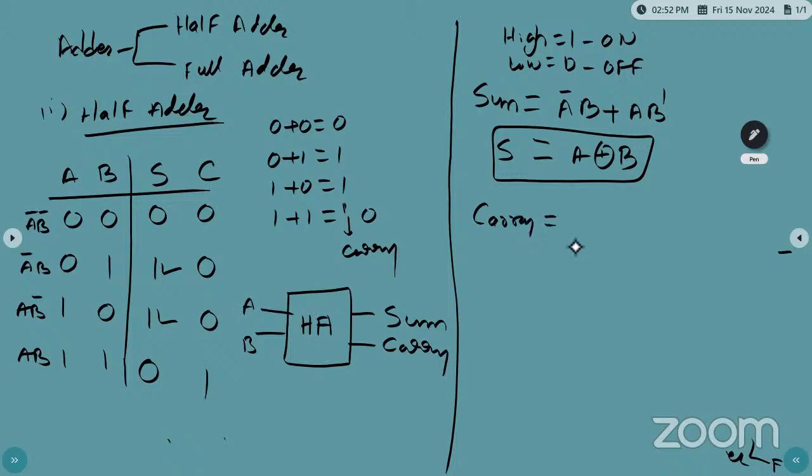Similarly, for the carry you can write the expression. For which input combination is the carry 1? A equal to 1.